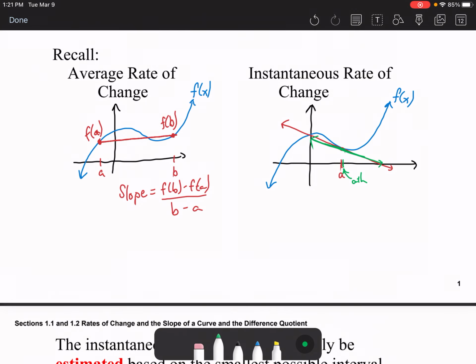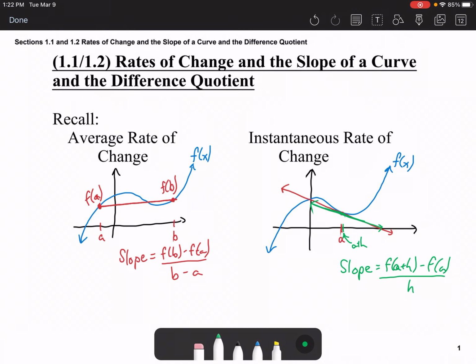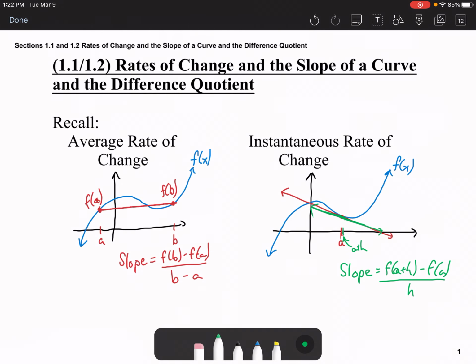So then we're calculating the slope in this case using f at a plus h minus f at a all over h. And as you can see, this green line turns out to be an approximation of our function and our slope at that value. So it's an approximation, it's an estimate.